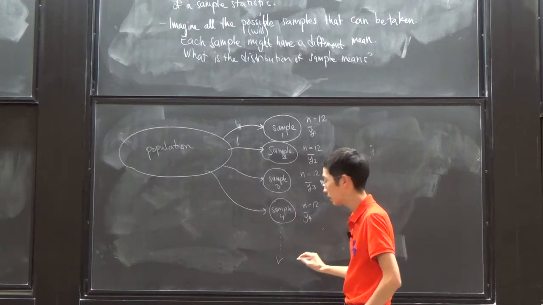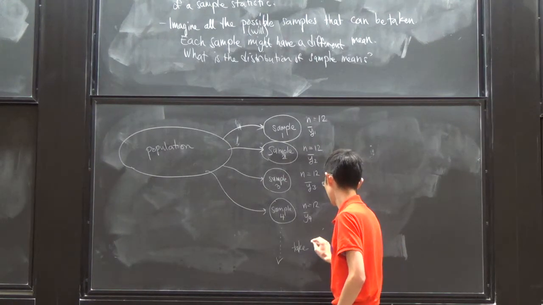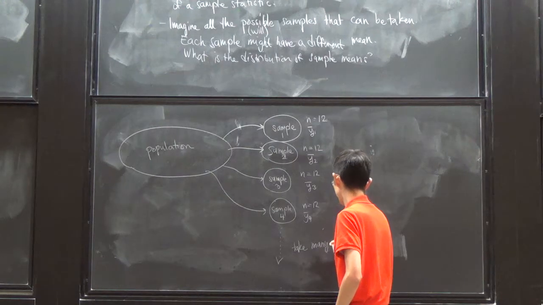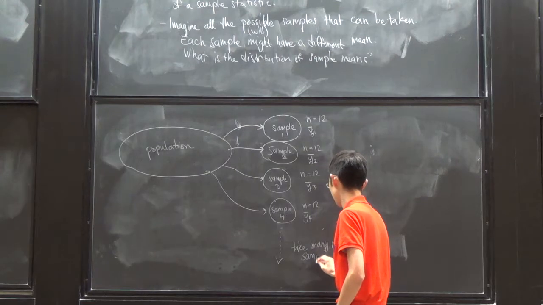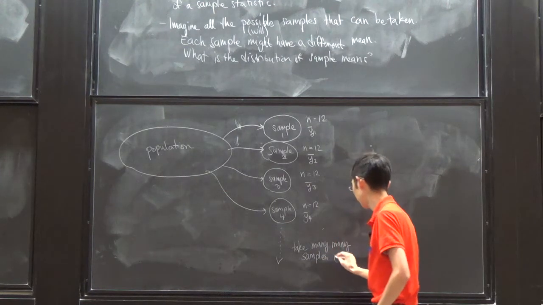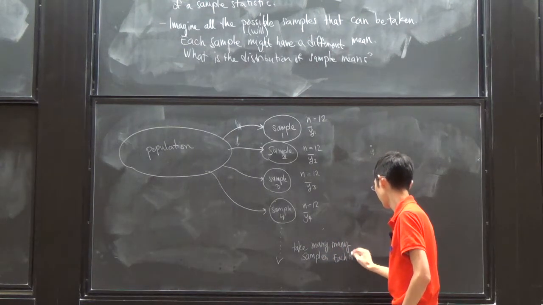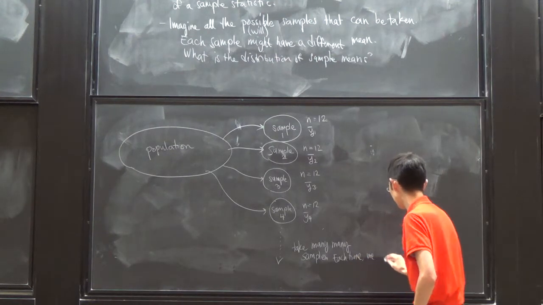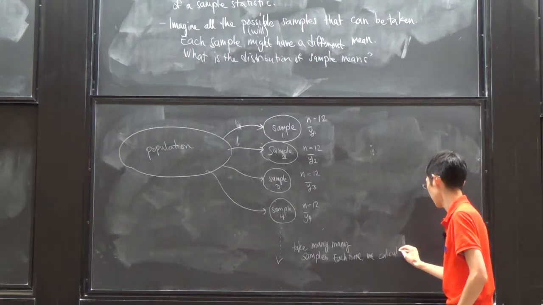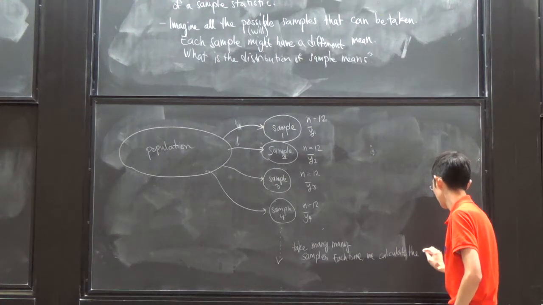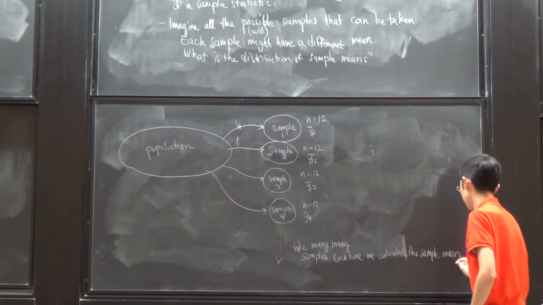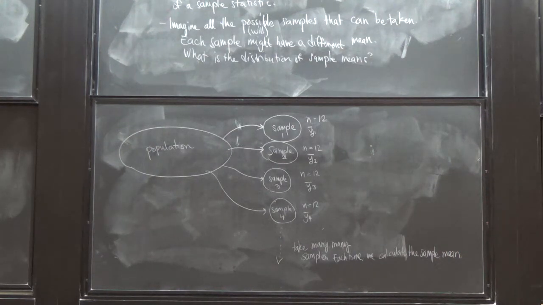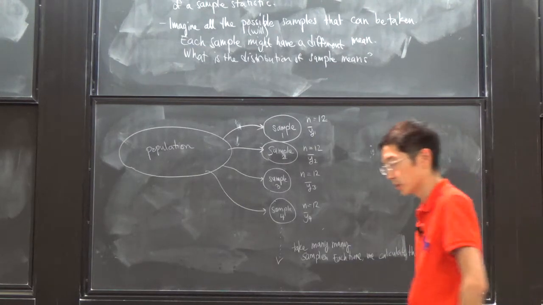So take many, many samples, and each time we calculate the sample mean. I'm going to keep track of all the different sample means that I've calculated.